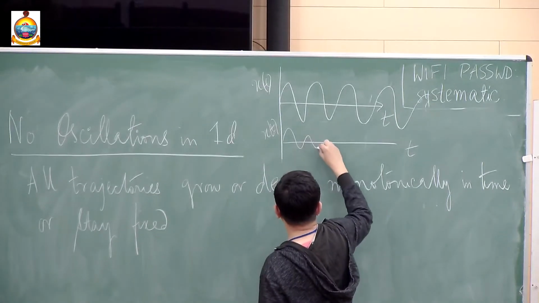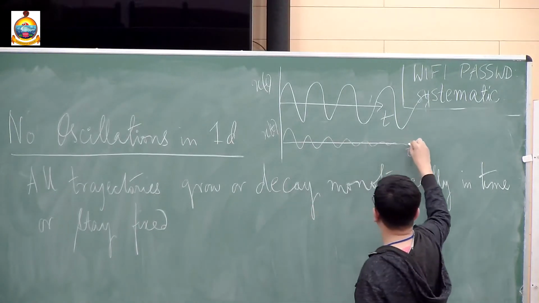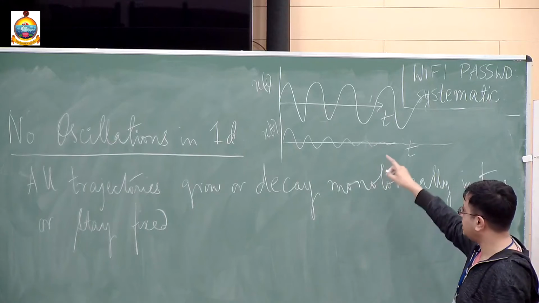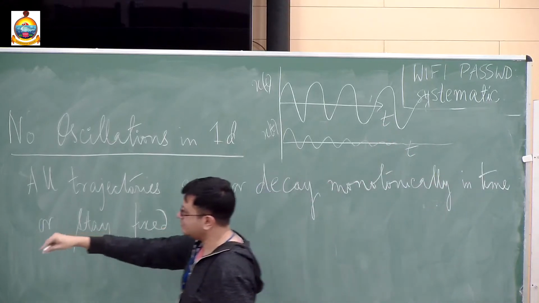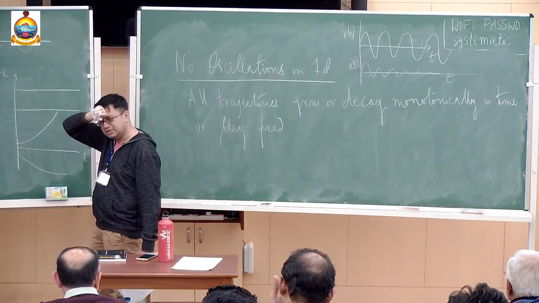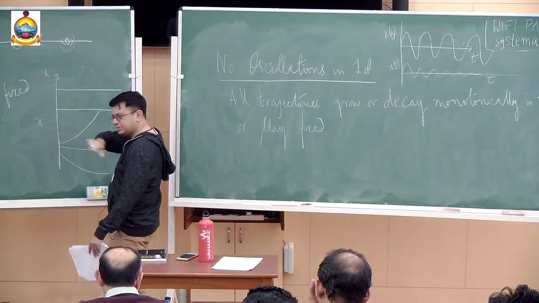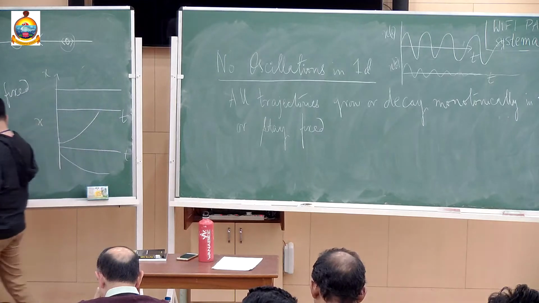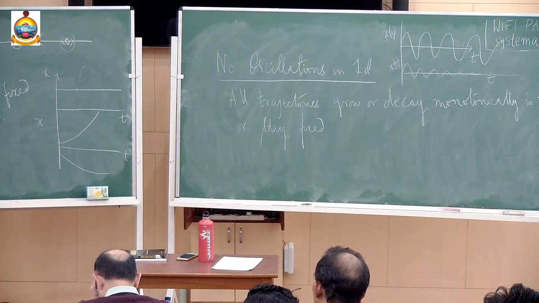This is also not possible. Neither this nor that. You have either a growing solution, which need not be exponential, it will be exponential only very close to the fixed point, or you stay put, but not like that. So, let me just say why it is so.